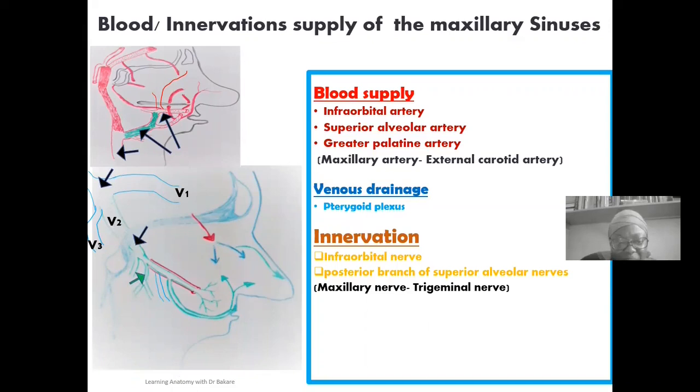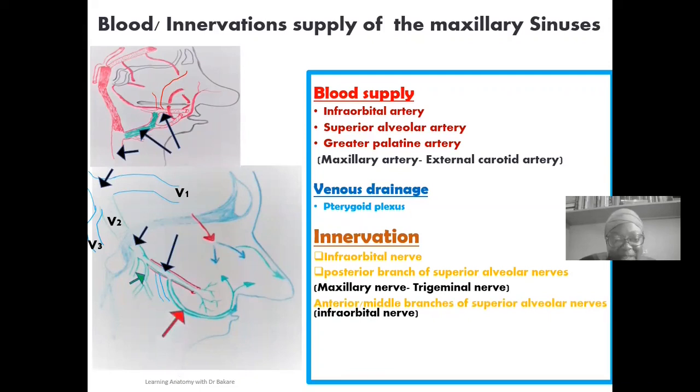This posterior branch is a direct branch from the maxillary nerve. Then you see it continuing as the infraorbital nerve, and this is the infraorbital nerve within the infraorbital canal. So this infraorbital nerve will then further give off the anterior and the middle branches of the superior alveolar nerve.